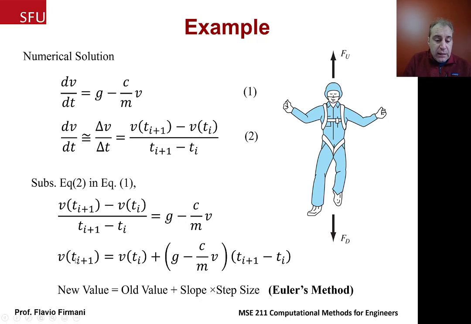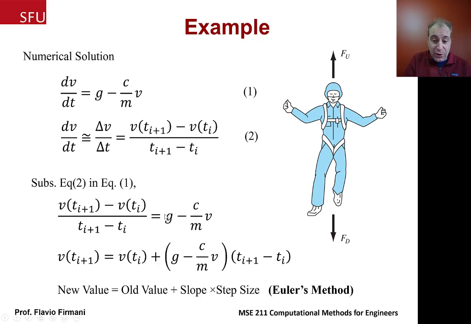And what you can see is that the new value of the velocity is going to be equal to the previous value of the velocity plus the function that we defined here, which is the slope. The slope is because this function here is basically the time derivative of the velocity.